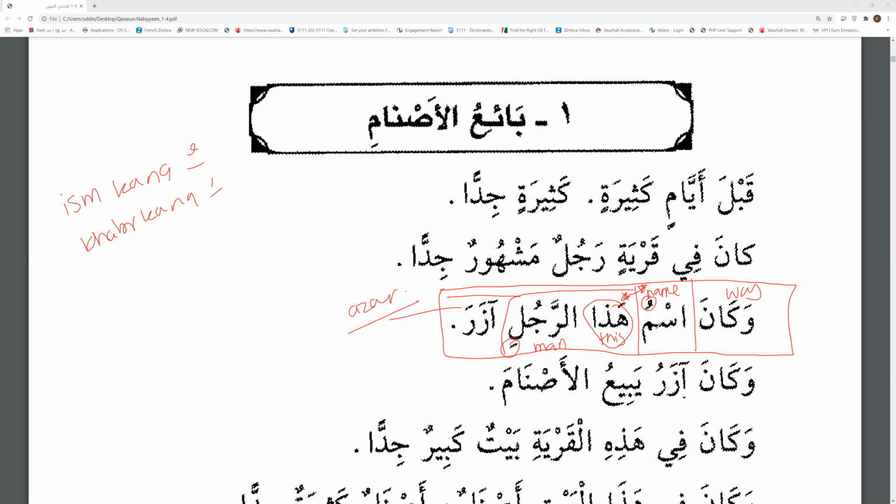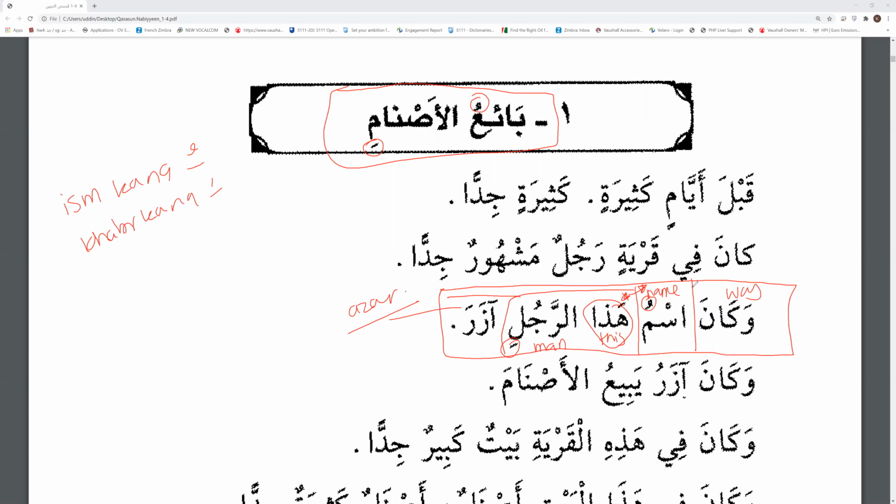Ismu. Is the ismu alone? Can there be such a thing as ismu alone? Or does it connect as one entity? It connects as one entity.